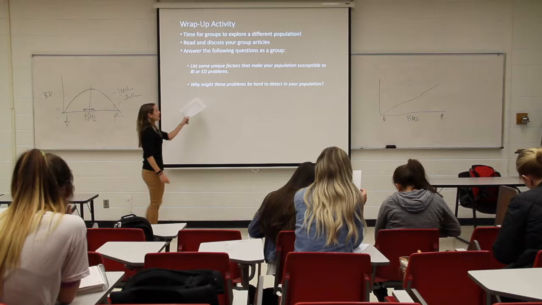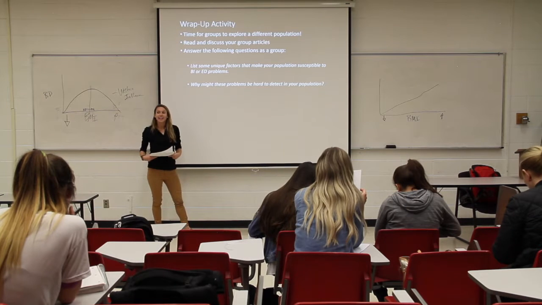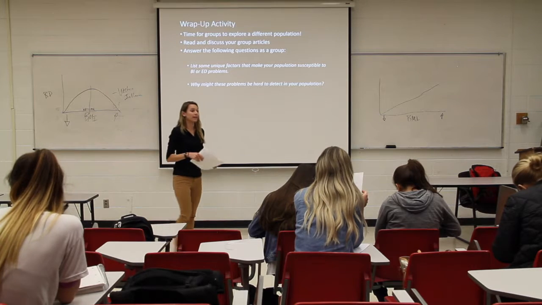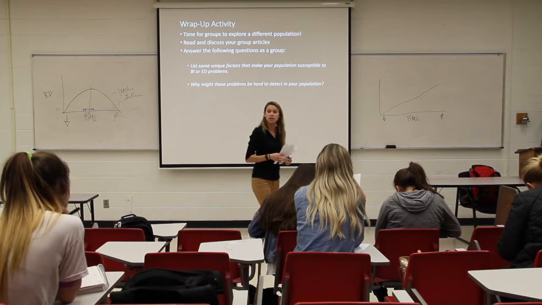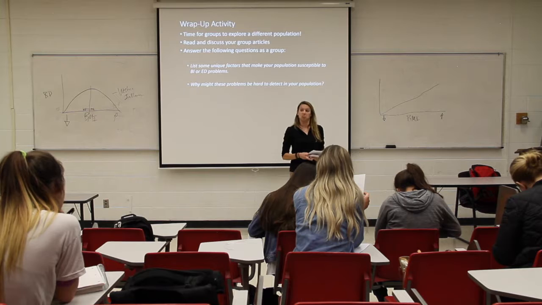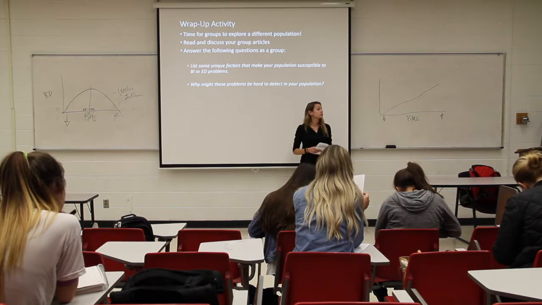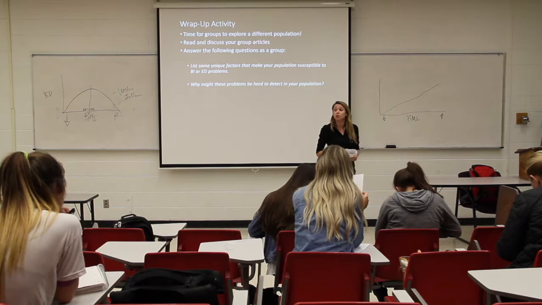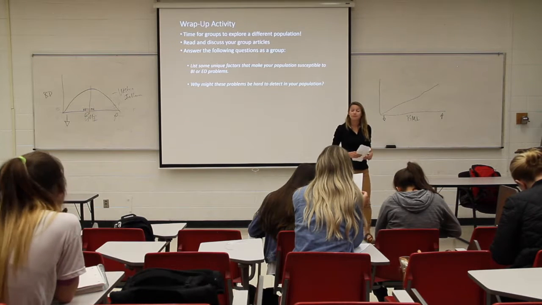And why might these problems be hard to detect in your population? Because walking around Eastern Kentucky campuses and seeing jockeys, I didn't think anything of it, because at the time I never thought men had any sort of body image or eating disorder problems. Just something to think about.